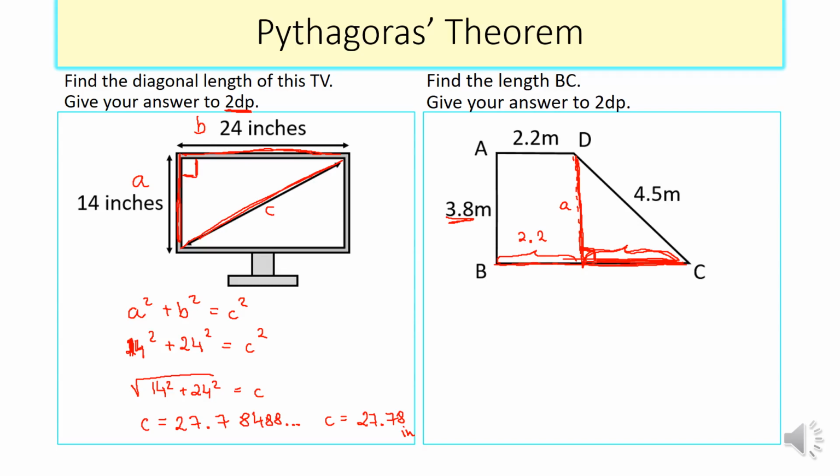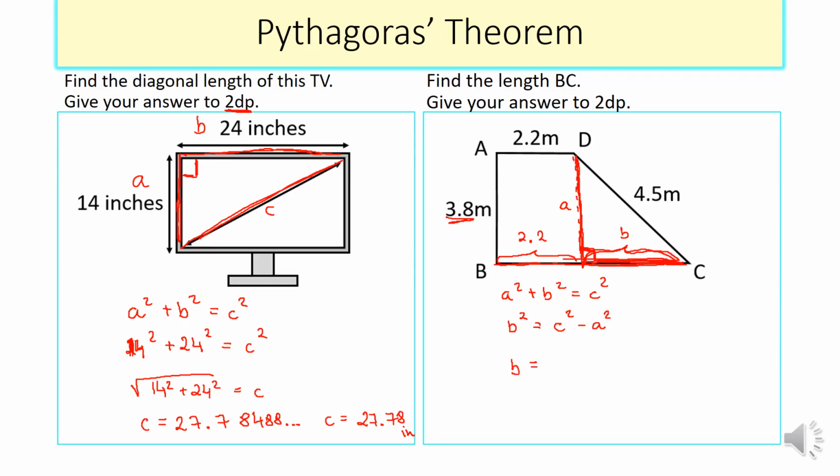So I know that A squared plus B squared equals C squared. Now I'm going to find B squared. So remember, you have to now take away the squares of the two other sides, and you start with the longest side, which is the hypotenuse.